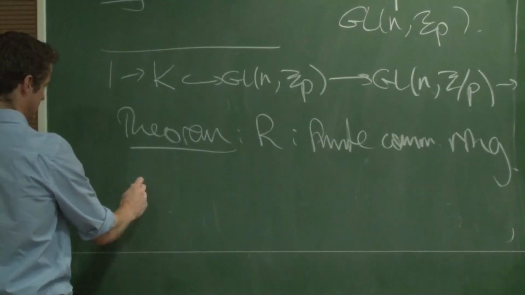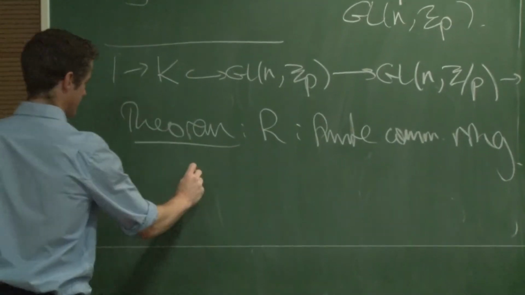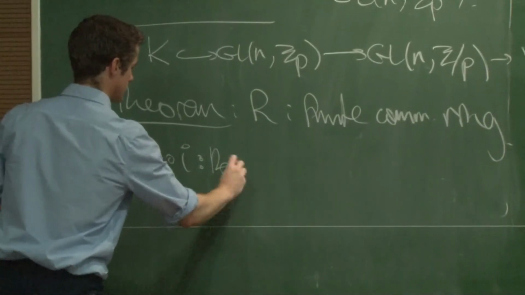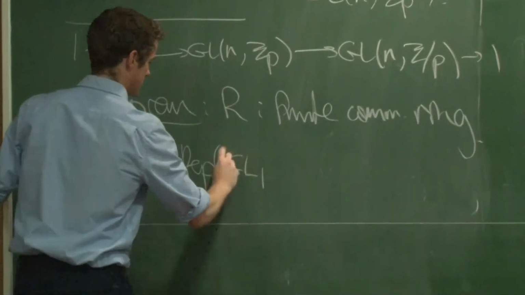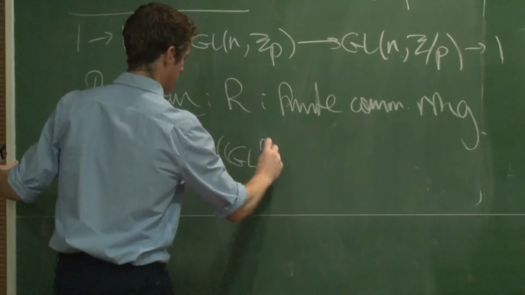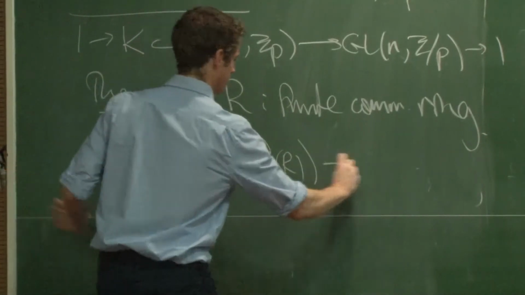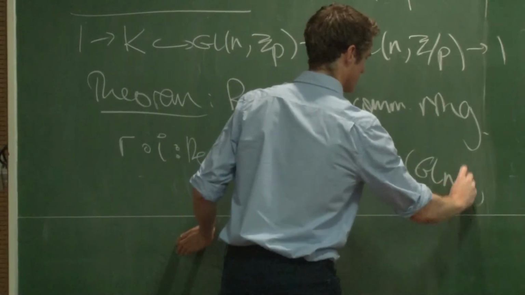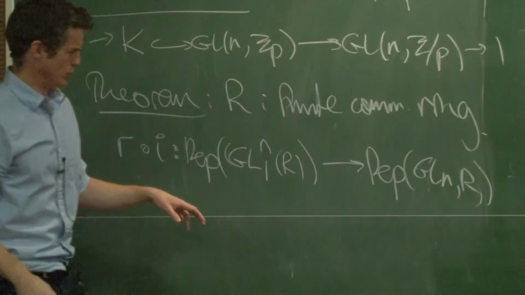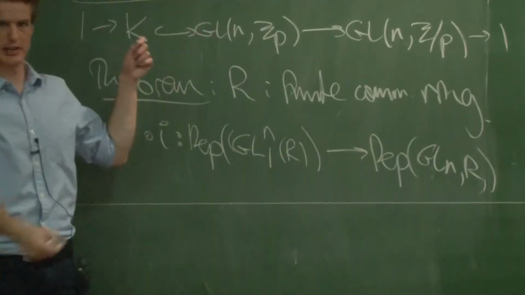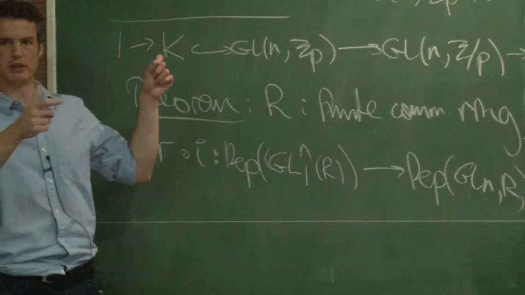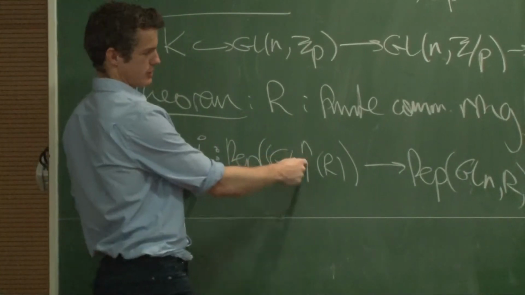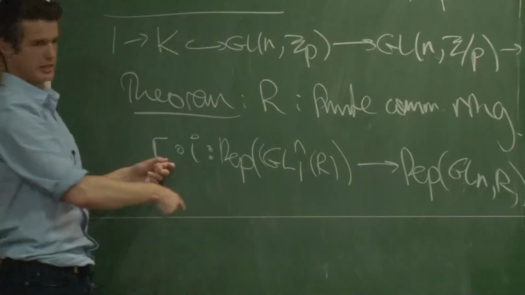Then inside GLN R, you could just look at the diagonal subgroup and the appropriate U and V of upper and lower triangular matrices. You could do induction from that diagonal subgroup up to GLN and then restrict.